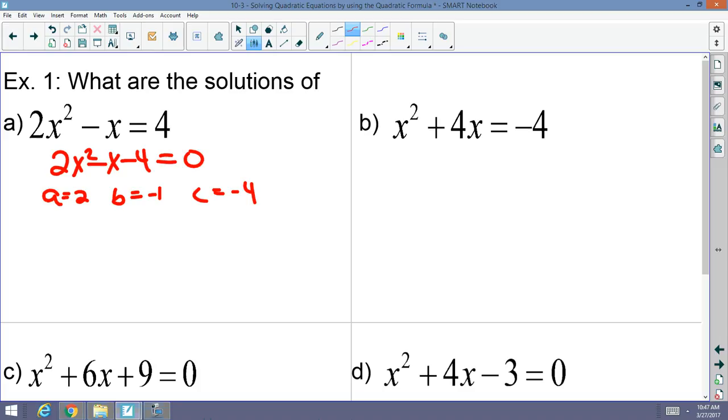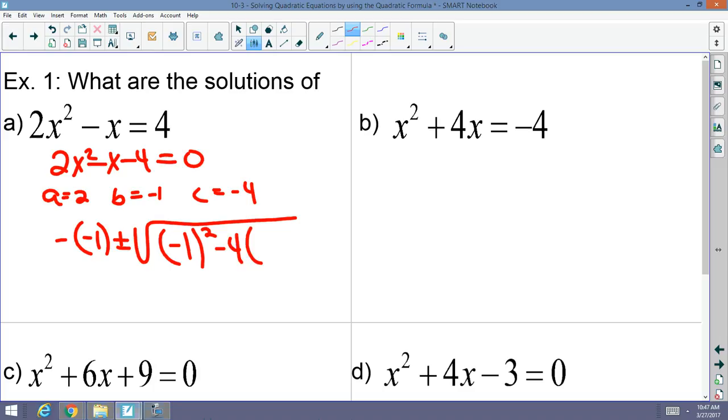And now, let's plug it into the formula. Negative b plus or minus square root of b, notice how I put it in parentheses, squared minus 4 times a times c, all over 2a. So everyone see that?